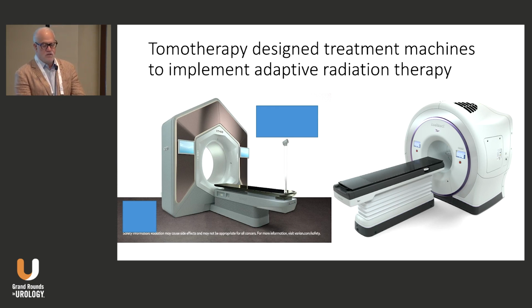There are two major companies now. One of them is an older version of what's called the Tomo unit, now being made by Accuray, and another one is a separate company. But again, the process is that you can get quick images and hopefully quick physics changes, and then implementation with treatment. So these are the two main companies.